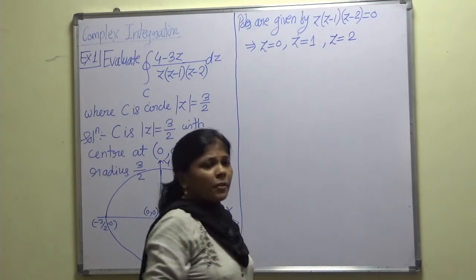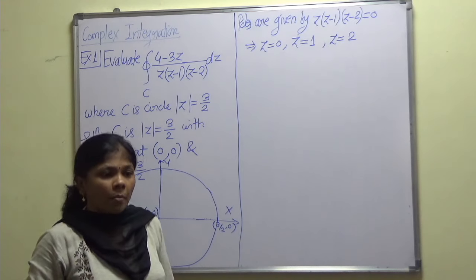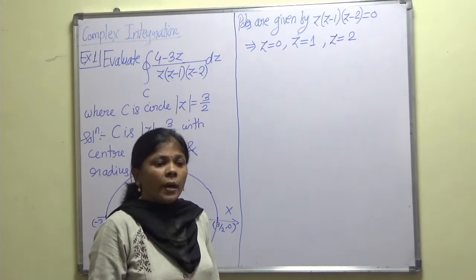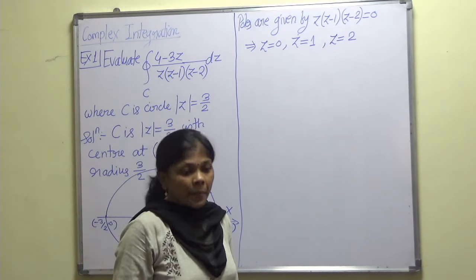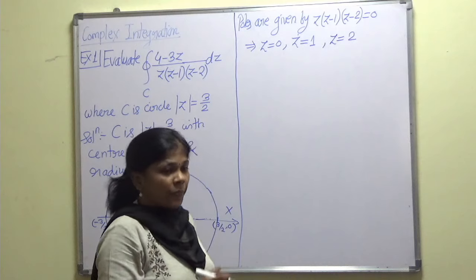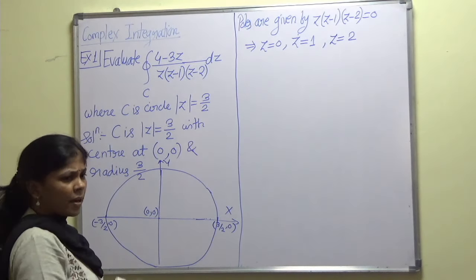So like this we have three values for z: 0, 1, 2, and all of them occur only one time. Poles which occur only one time are called simple poles, so all these are simple poles. Now let us plot them on this plane, on this diagram.